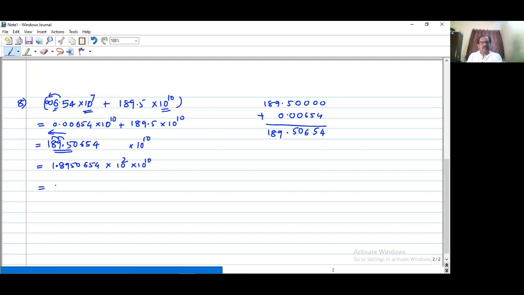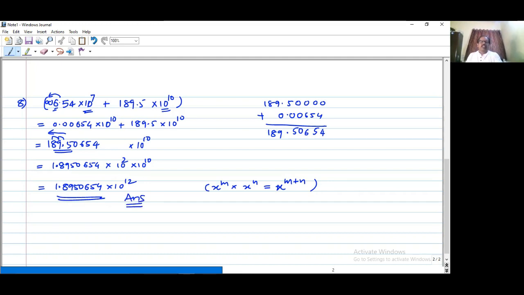So our standard form now will become 1.8950654 into 10 to the power. Again, use the law of exponent. Which law of exponent can we apply? x to the power m into x to the power n equal to x to the power m plus n. So it will become 2 plus 10, which is equal to 12. So this will be our required answer for this sum.